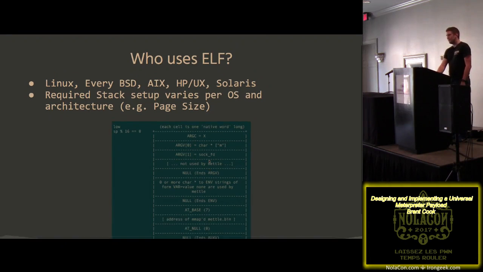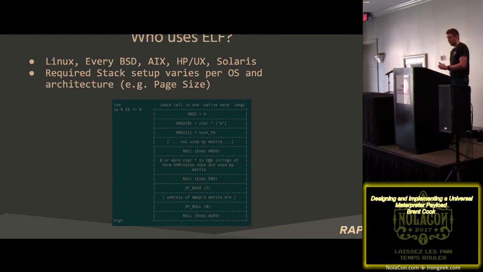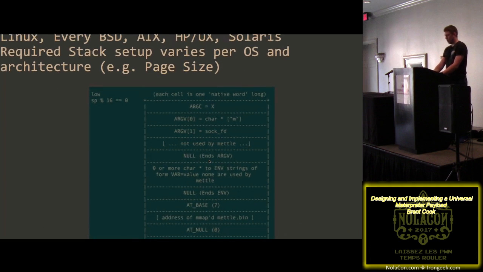The other cool thing about this is that a lot of OSs use this exact same mechanism. Linux, every single BSD, OpenBSD, FreeBSD, NetBSD, AIX, HPUX, Solaris, they all use basically this exact same kind of stack infrastructure. Now everyone requires a little bit of variation, like for instance, MIPS on Linux requires some extra things pushed onto the stack, but it's a little bit of trial and error.